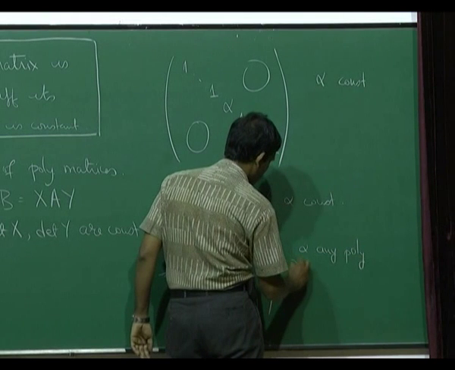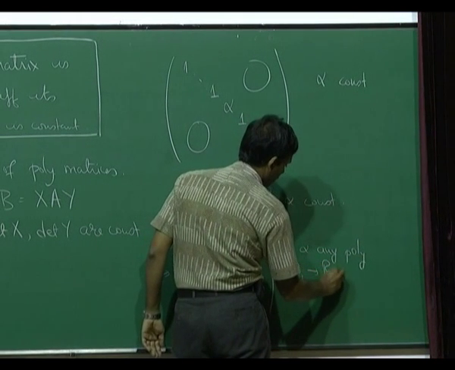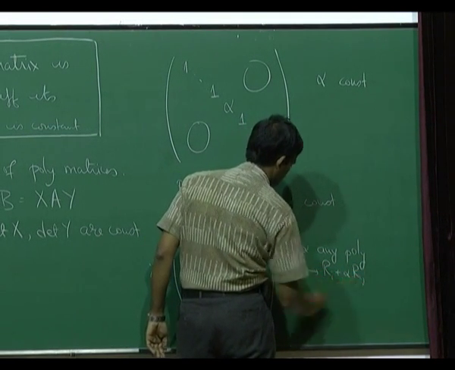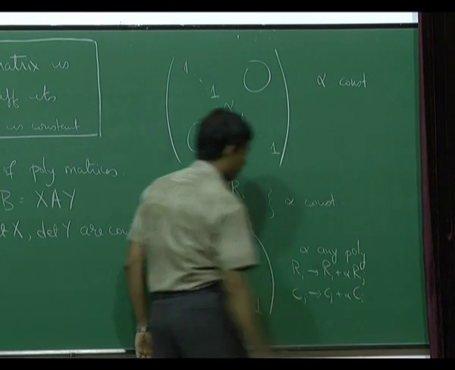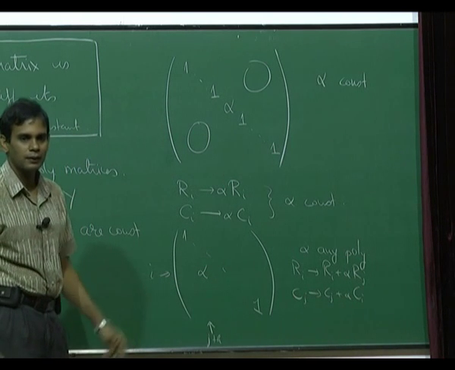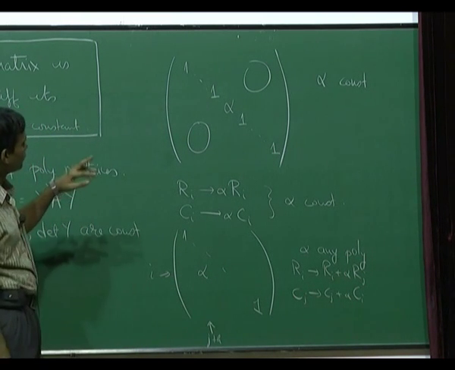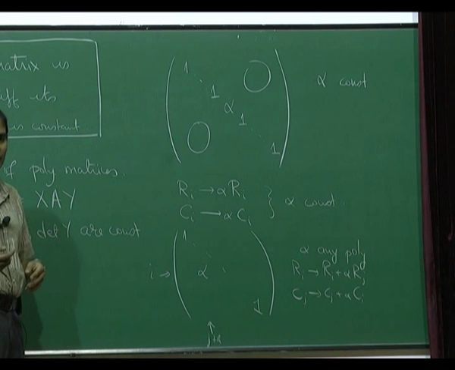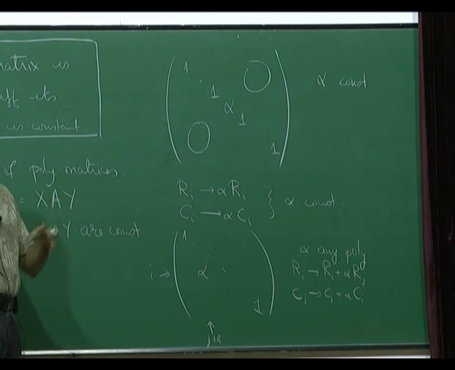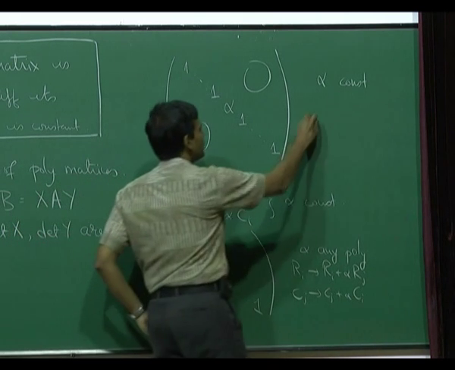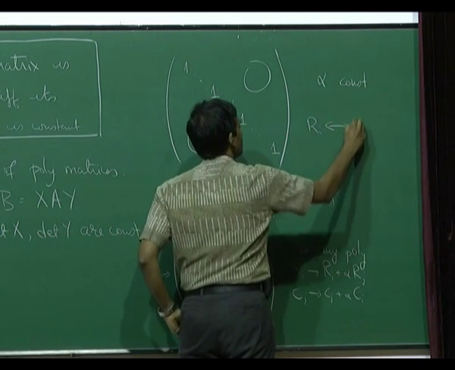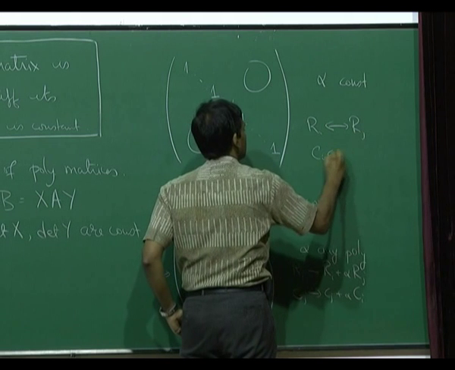And so, we are allowed to do Ri goes to Ri plus alpha Rj, Cj goes to Cj plus alpha Ci for alpha any polynomial. And the last operation was interchanging two rows and columns, and that anyway was a matrix of zeros and ones. So, its determinant is going to be constant because all its entries are constant. So, we are also allowed to interchange Ri and Rj and Ci and Cj.